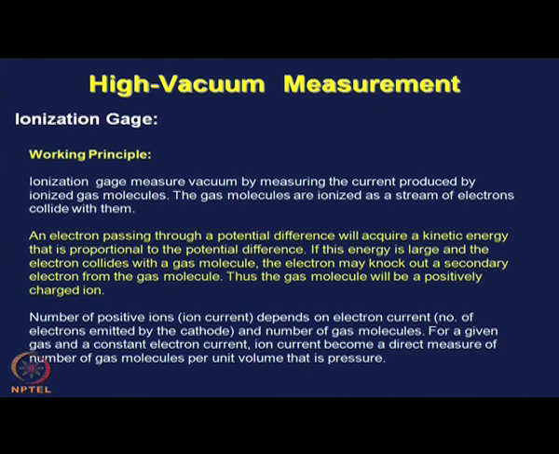So, let us now elaborate on this. Ionization gauge measures vacuum by measuring the current produced by ionized gas molecules. We can call this ion current. The gas molecules are ionized as a stream of electrons collide with them.